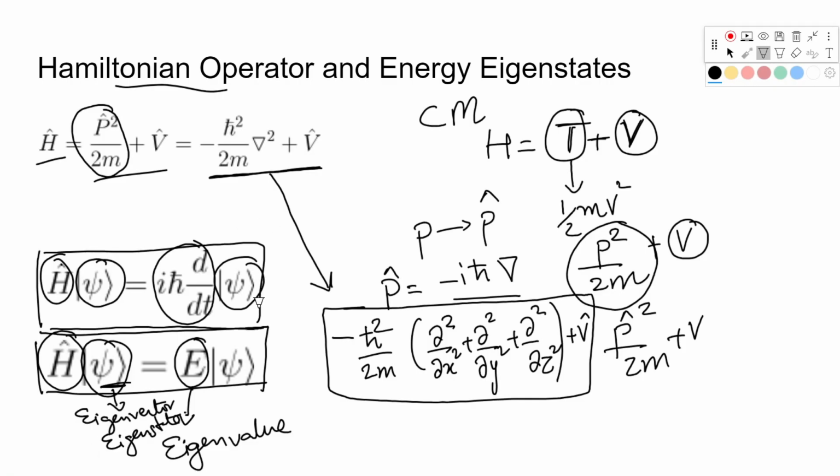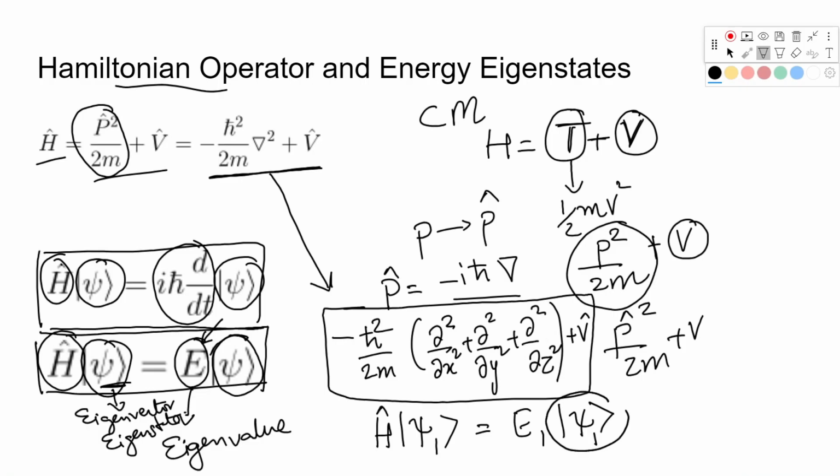Now we can say that this ket is the eigenstate for this energy. So we can call this ket the energy eigenstate or eigenket or eigenvector corresponding to this energy. To take another example, if we have something of this sort, then we can say psi1 is the energy eigenstate or eigenvector corresponding to energy E1 given the Hamiltonian this.